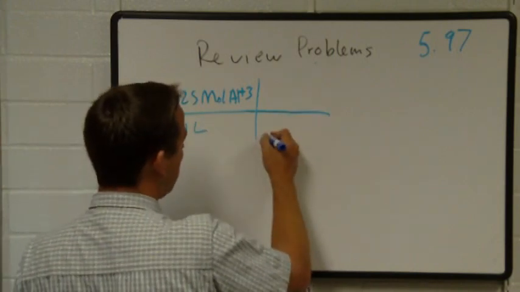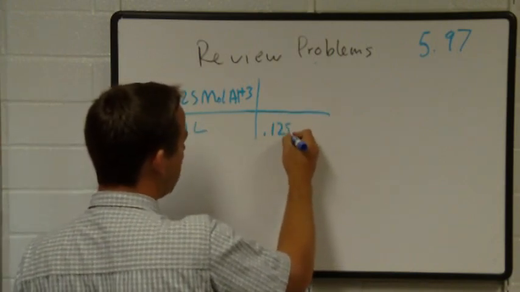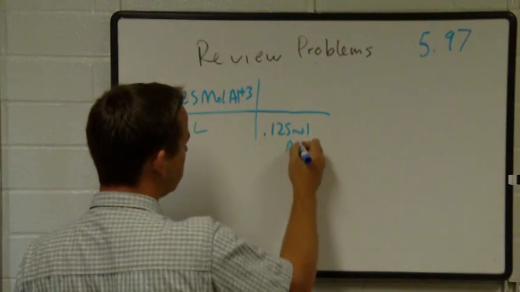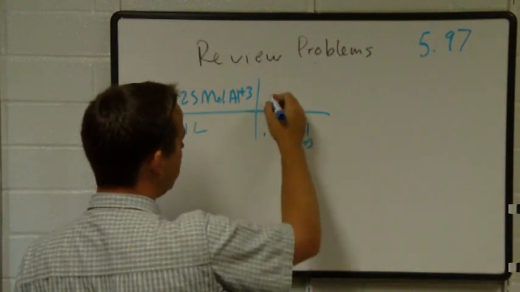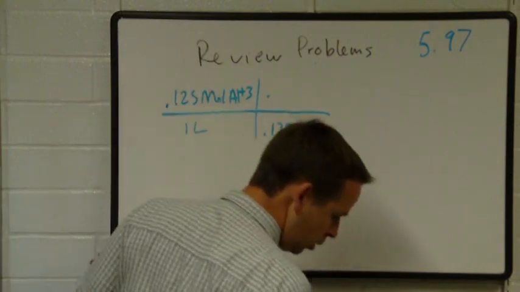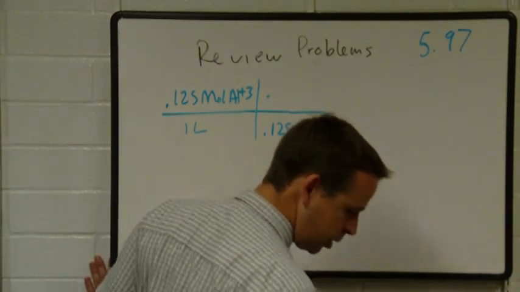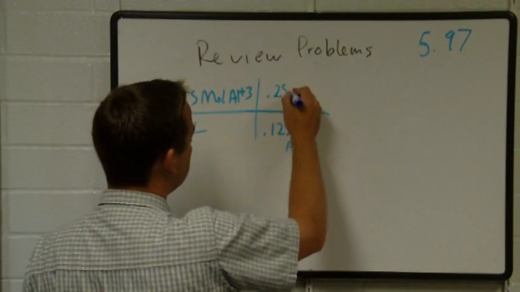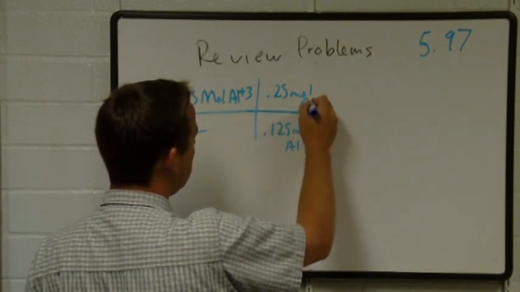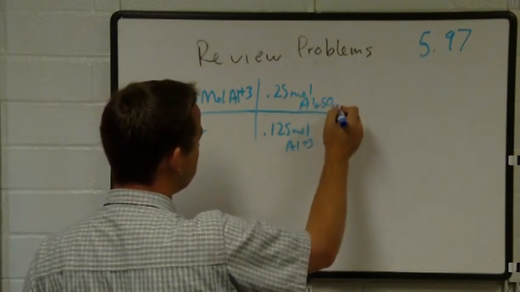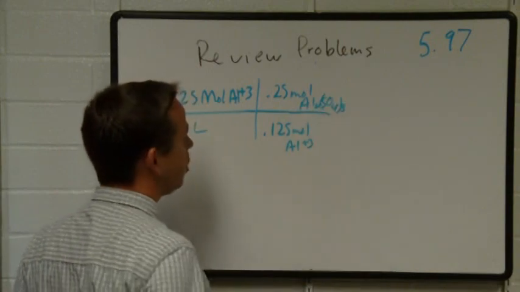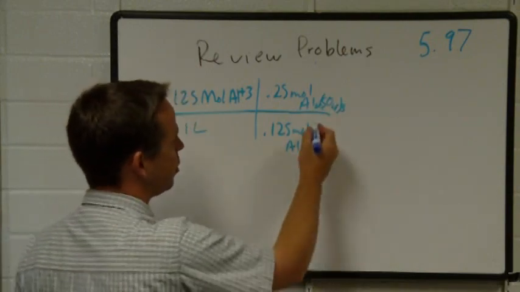Well, if you had 0.125 moles of aluminum, for every amount of that, there must be 0.125 divided by 2, or 0.0625 moles of Al2(SO4)3, right? There must have been that many moles of aluminum sulfate.